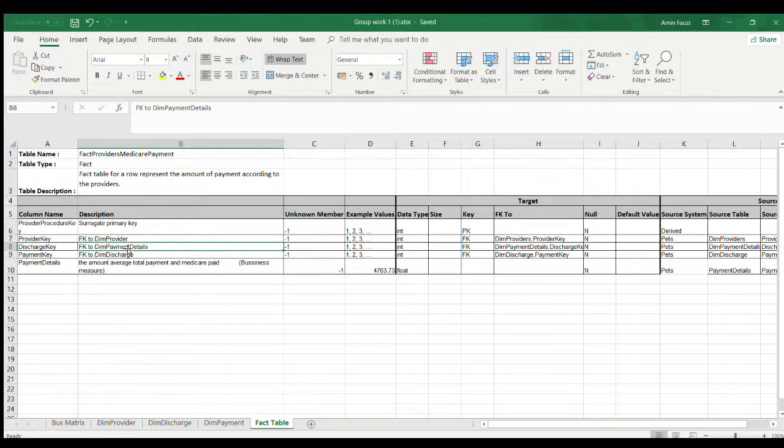The second one is provider key, the foreign key to dimension provider, and the third one is discharge key, the foreign key to dimension discharge. The fourth one is payment key, a foreign key to dimension payment, and the last one is payment details: amount, average total payment, and Medicare paid. That's all. Thank you.